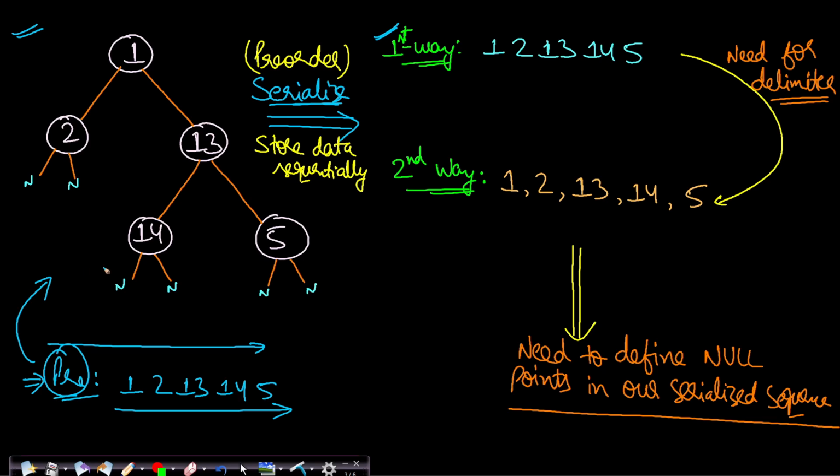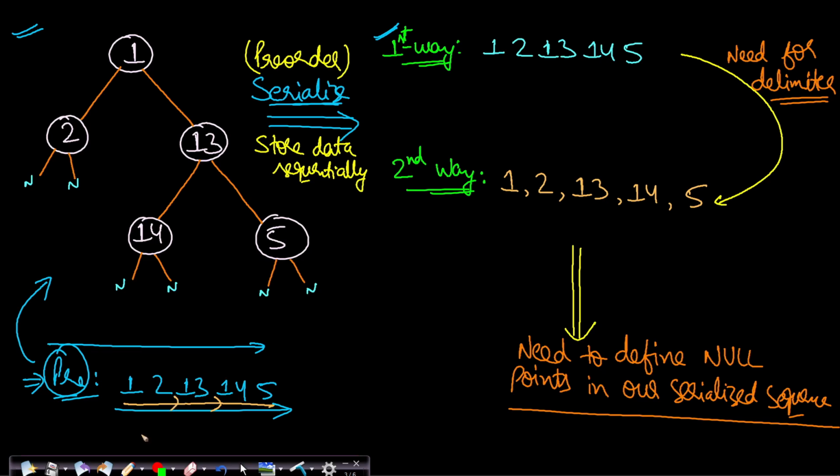There are several reasons for this. In this pre-order, the first thing is you cannot make out the number of nodes, because it can be entirely a single node where this whole thing is just a single number, or it could have been 2 nodes where one number was 1213 and another number was 145.